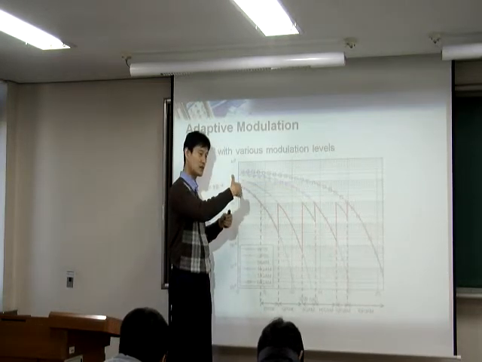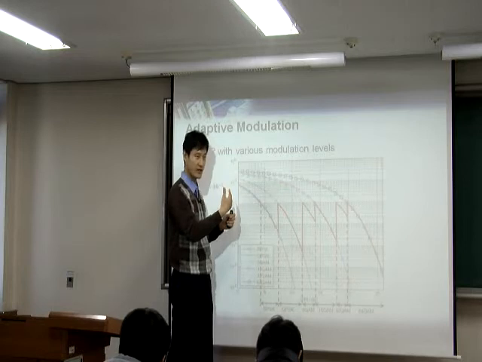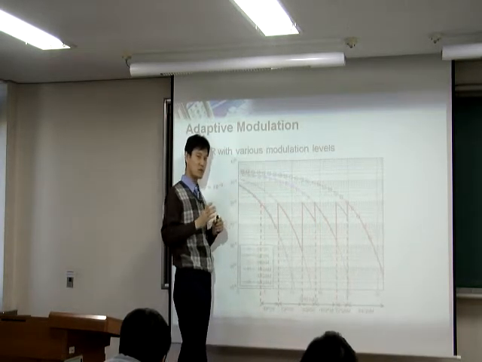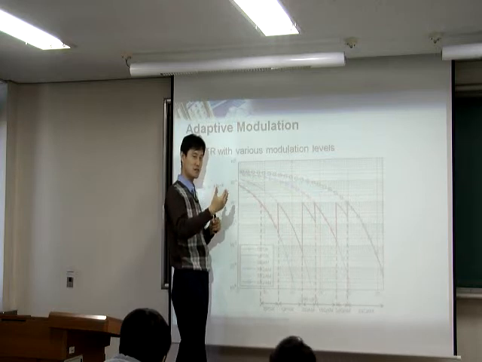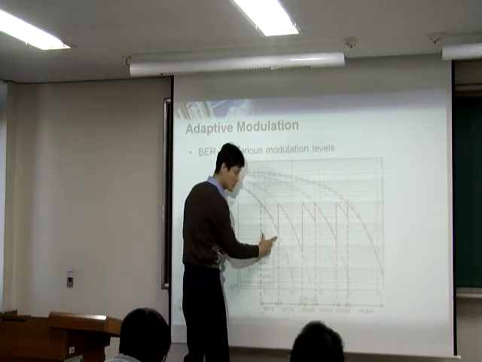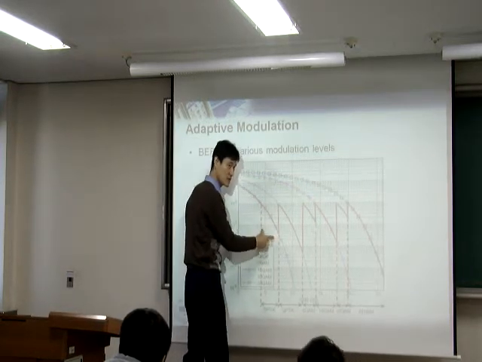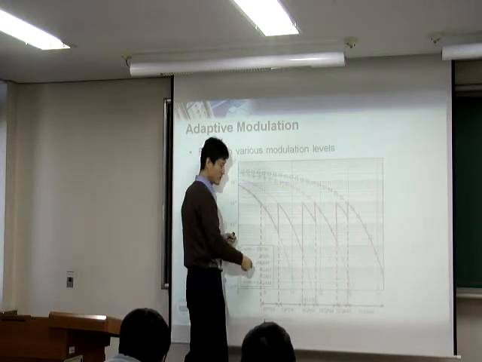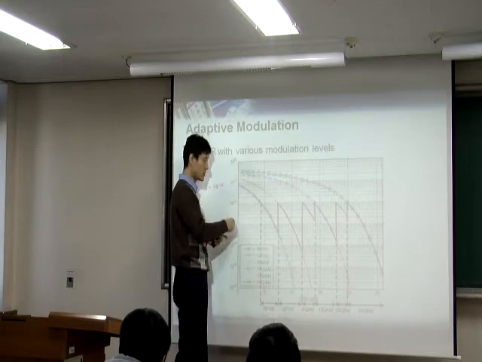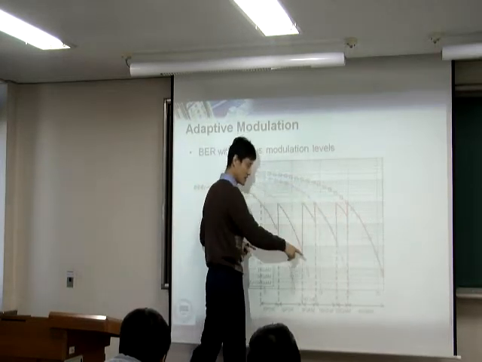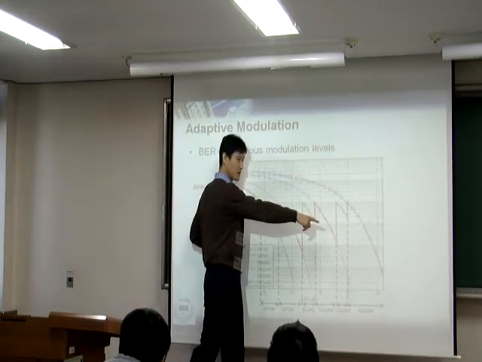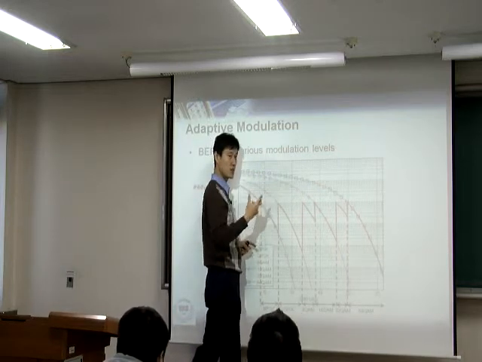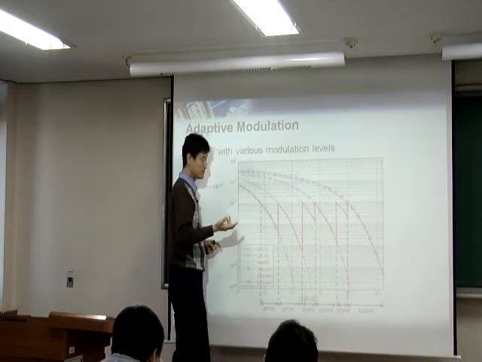The statistics of your channel may be Rayleigh, and you can simply find the probability that your instantaneous channel quality falls into this SNR range. That's simple, right? If you integrate the PDF from 0 to infinity, that's going to be 1.